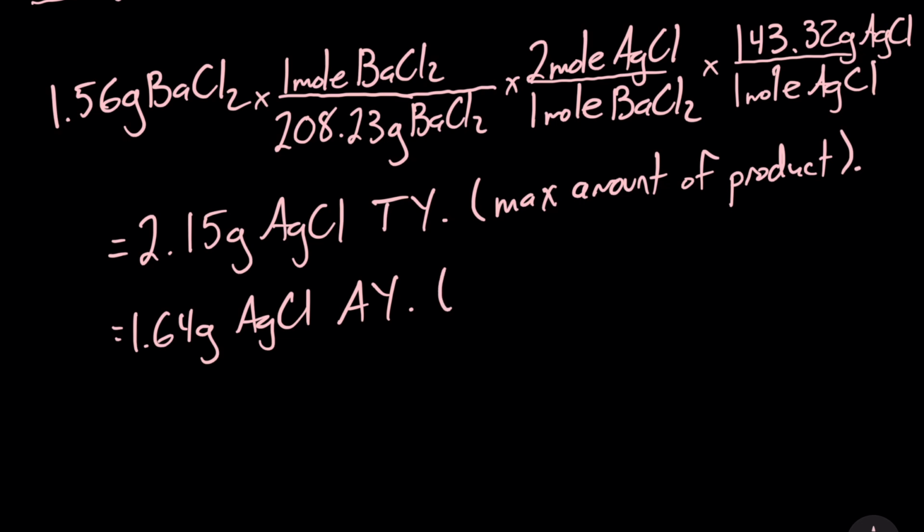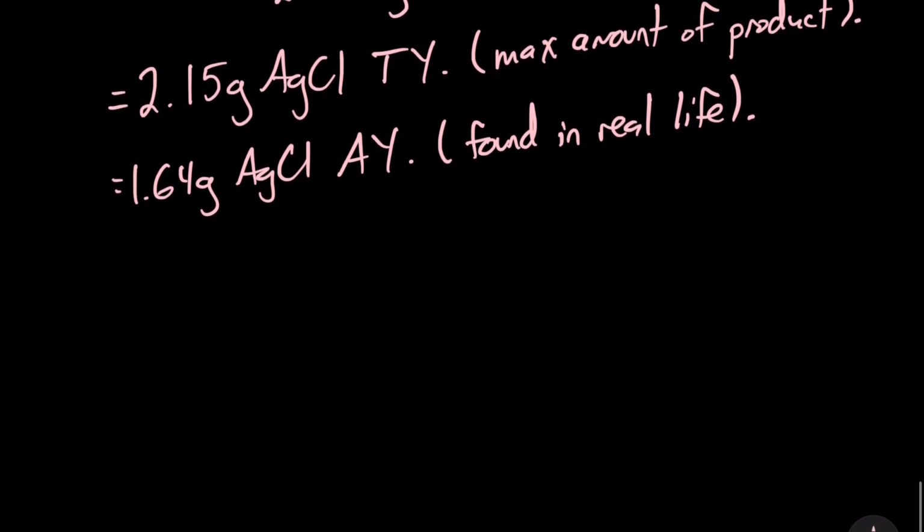And from our lab, we got 1.64 grams. I'll just erase that really quick. So this was found in real life. So if we want to find the percentage yield, I'm just going to write the formula again for that.